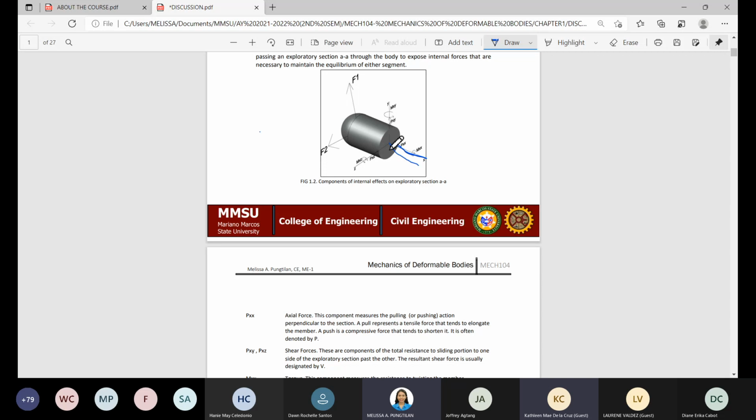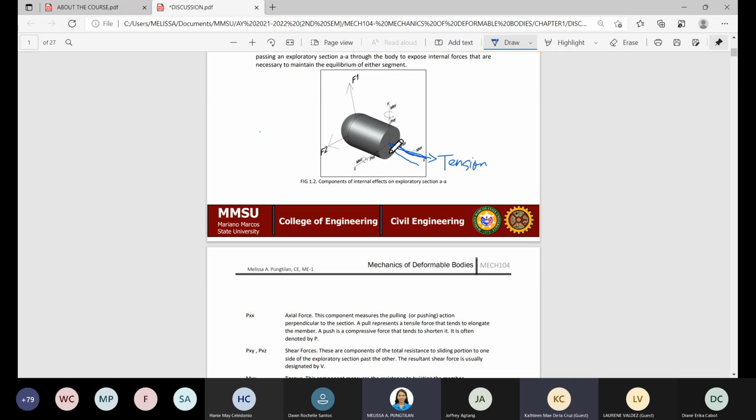So, kung yung force daw natin is acting away sa ating cross-sectional area, yun yung tinatawag nating tension, that tends to elongate or pinapahaba niya yung ating member.